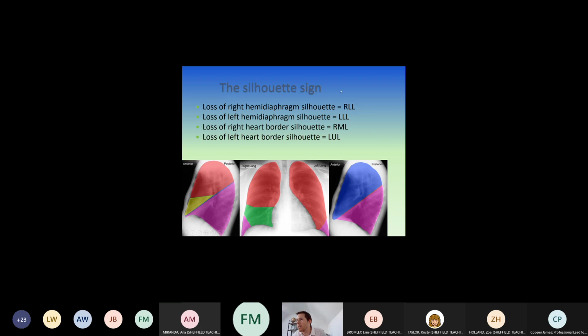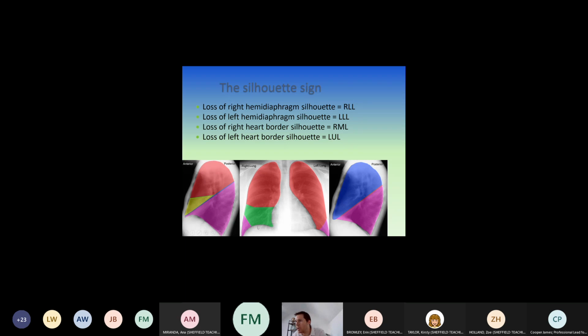This might be worth making a note of. If we lose the crispness and sharpness of the hemidiaphragm... I started by saying that we need to see a nice, sharp, crisp outline of both hemidiaphragms. Even behind the heart, you can see a crisp outline of that hemidiaphragm. Same with the heart borders, you need to see both outlines crisply.